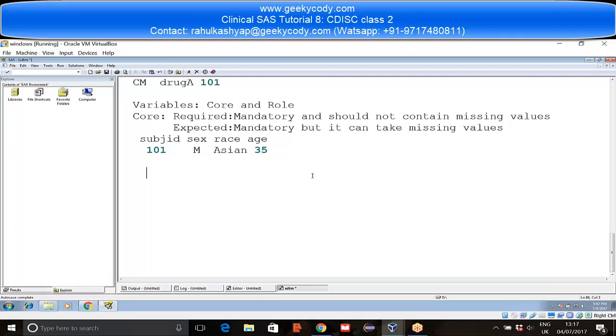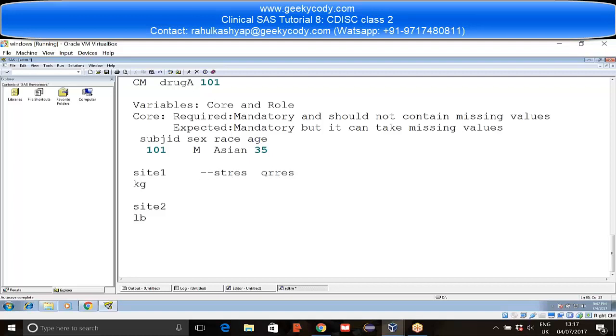Let's take another example. Suppose the trial is being conducted in two sites, site 1 and site 2. In site 1 they are collecting weight in kgs. In site 2 they are collecting weight in lbs. Now in real time we'll have two variables. One is called standard results, another one is original results.